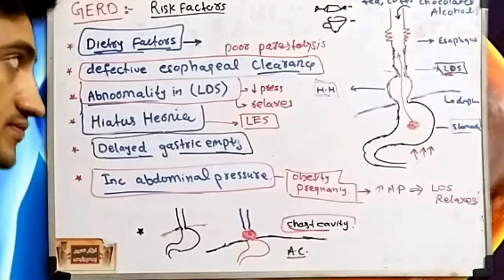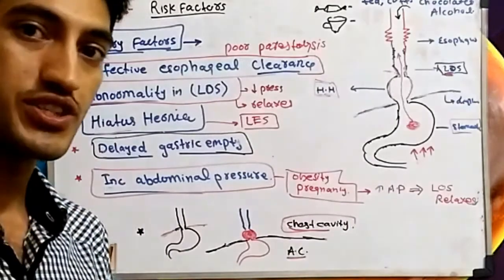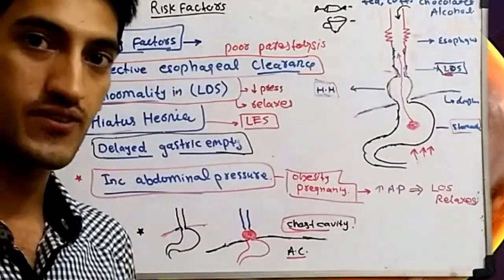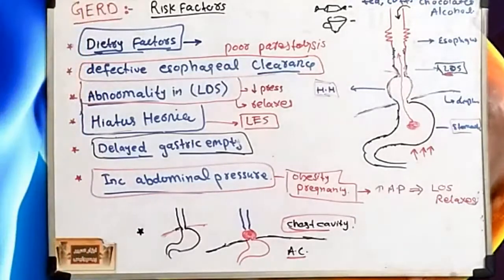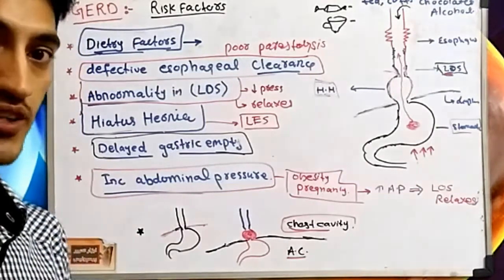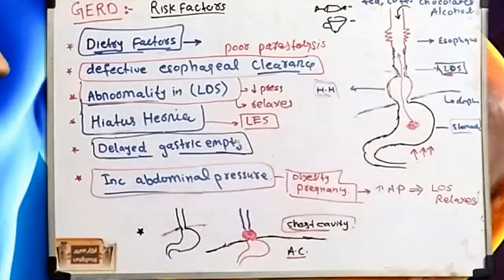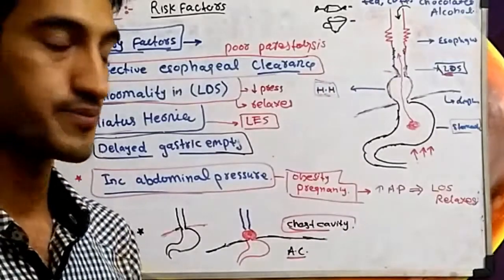Let's have a review. We are talking about the risk factors of gastroesophageal reflux disease. How to memorize them? Very simple. See the diagram and go step by step.